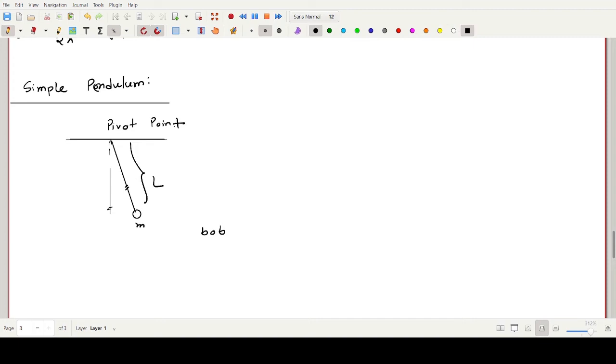Here is a vertical line, sorry. So now we want to see under which condition its motion becomes a simple harmonic oscillation.